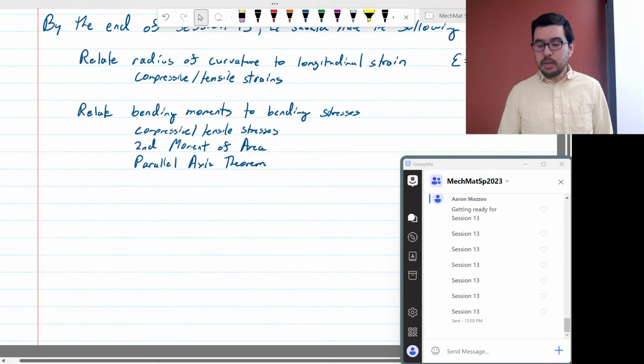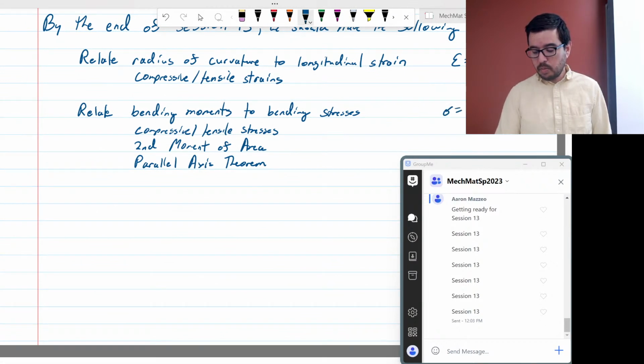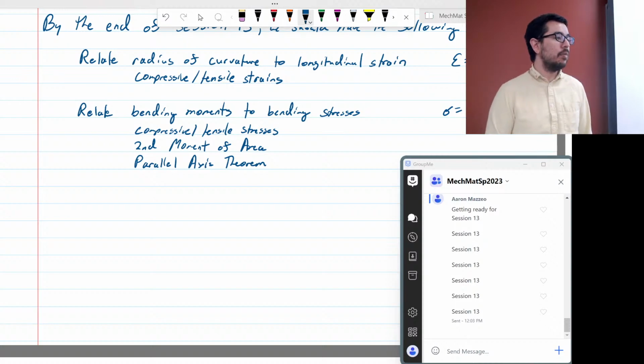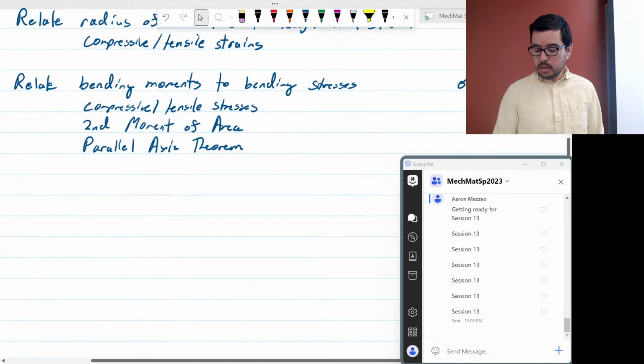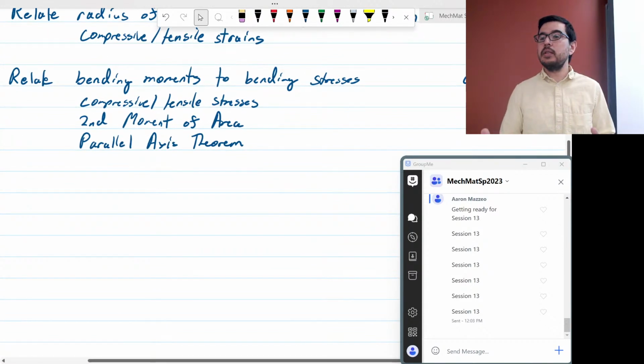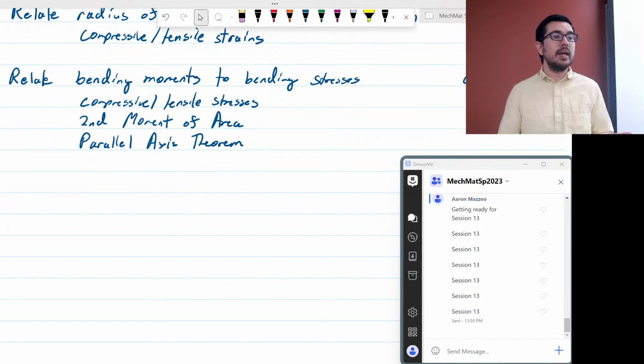The other big equation, the one everyone will remember for the rest of their life, is sigma equals negative My over I. Sigma is a longitudinal stress, or bending stress, or normal stress along the beam, M is the internal bending moment, y again is the distance from the neutral axis, and I is the second moment of area. Those are the two big equations.